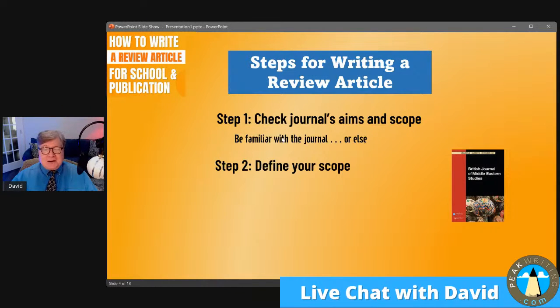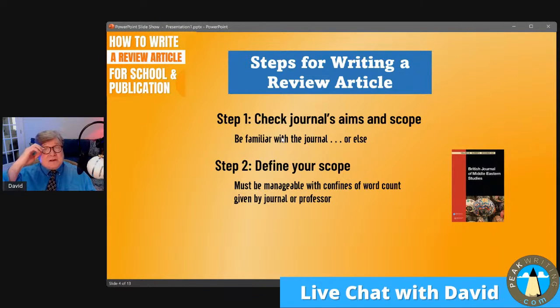Okay, you need to define your own scope as well. This is something that an editor definitely wants you to do. Your review article has to be manageable inside of a certain word count. Word counts are a fact of life. Whether it's your professor or whether it's the editor at a journal, word counts are a fact of life. If a professor didn't give you a word count, ask for one.